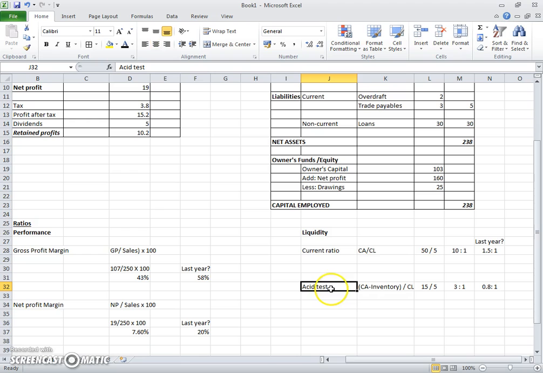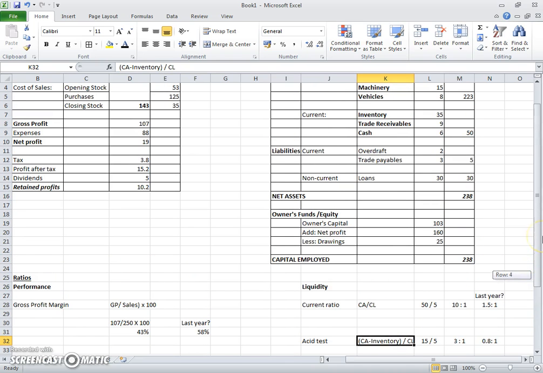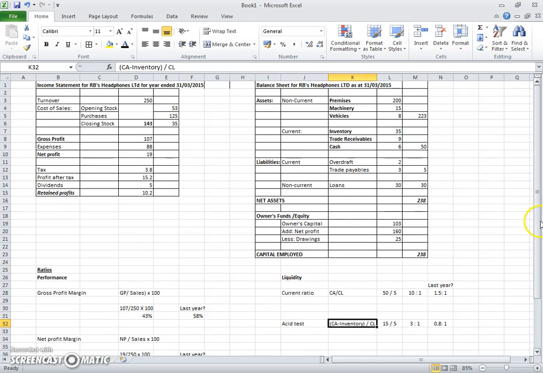Now, acid test is a stricter test of liquidity. Because what we're doing is we're taking stock out of the equation. Now, for a business like RB's, he maybe, let me just zoom out slightly, is maybe not a business where he'd have to worry about shifting his stock. I mean, what does he do?